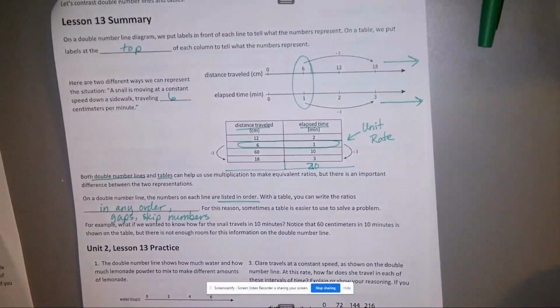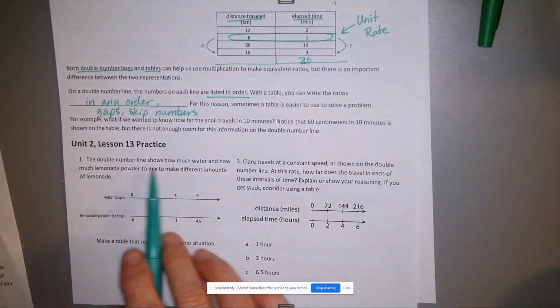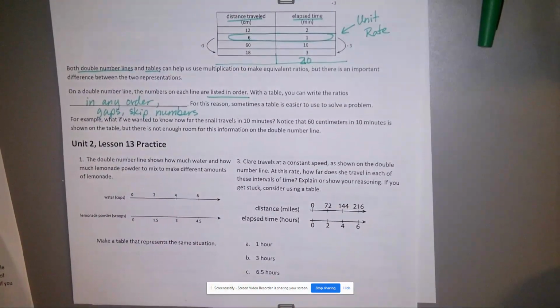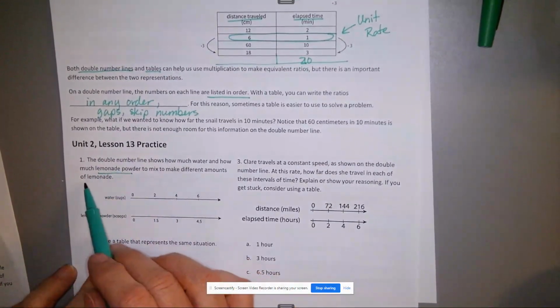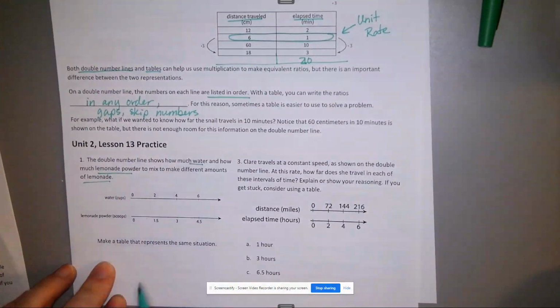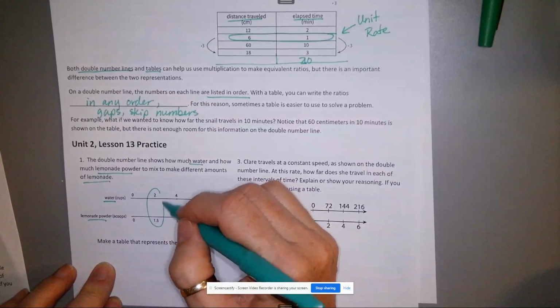All right, practice problems. The double number line below. How much lemonade powder for different amounts of lemonade? So we have water and lemonade. And this would be our one batch.